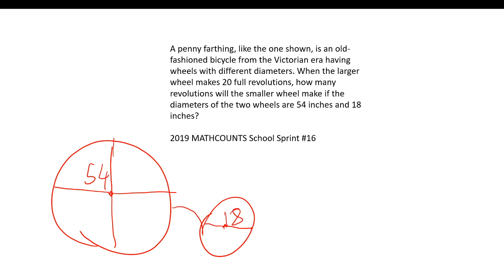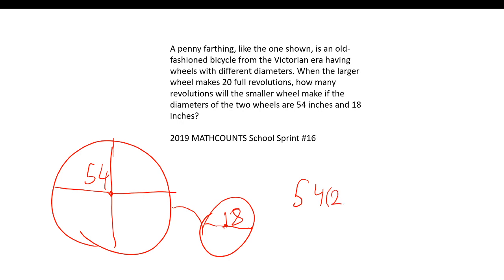Now you might start by thinking, how are we going to do this problem? The trick of this problem is to recognize the geometry doesn't even matter. This is just inverse proportion. When the larger wheel makes 24 revolutions, how many revolutions does the smaller wheel make? If the diameters of the two wheels are 54 inches and 18 inches, the product remains constant.